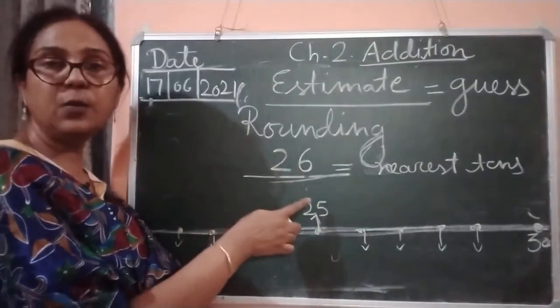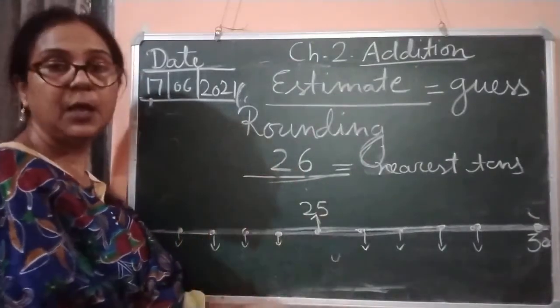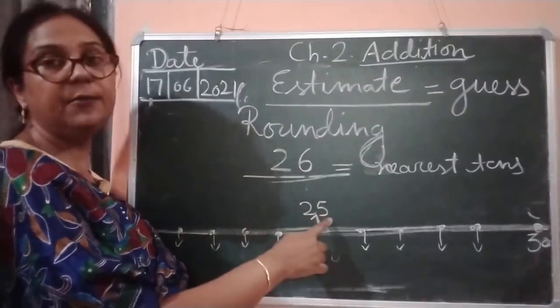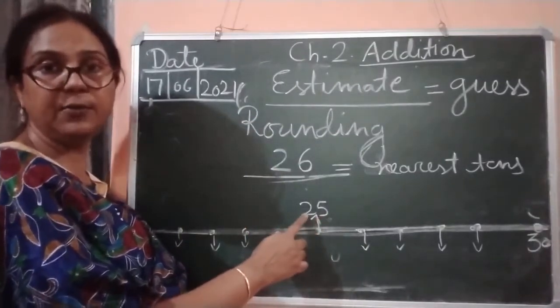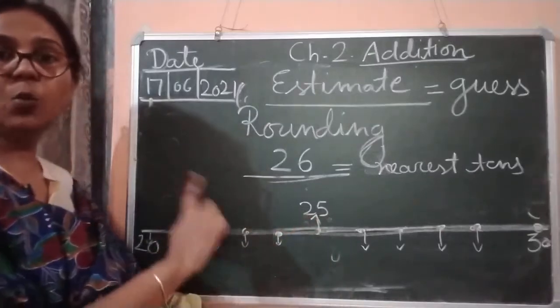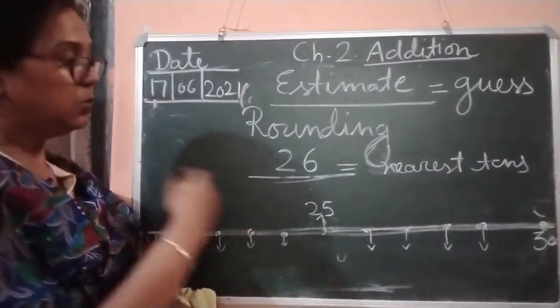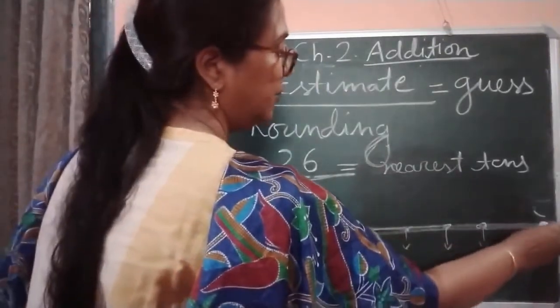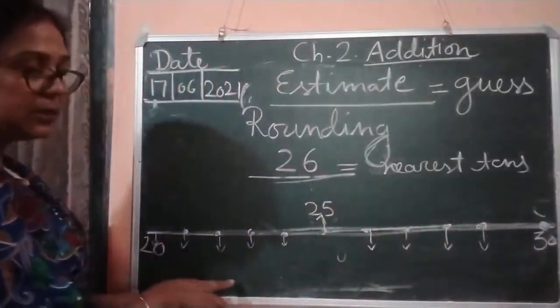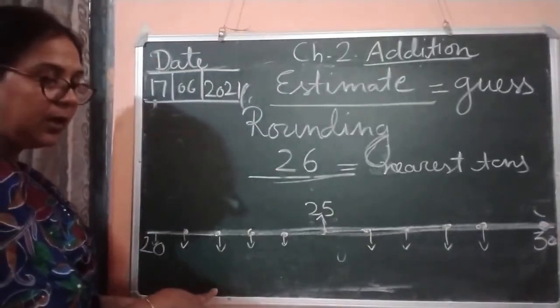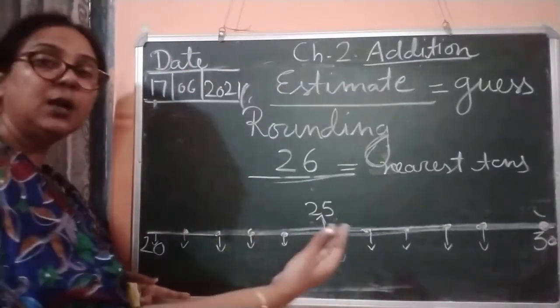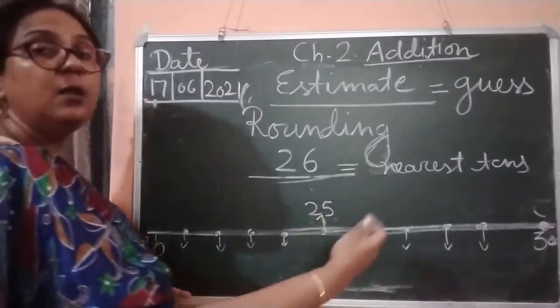What is written at the ones place? This is 6. This is more than 5. Here you can see this is 25, and 6 is more than 5. So that is why it will move to the 30 column. So it is nearest 30. It is rounded up, or it is closer to 30, because this is more than 5.